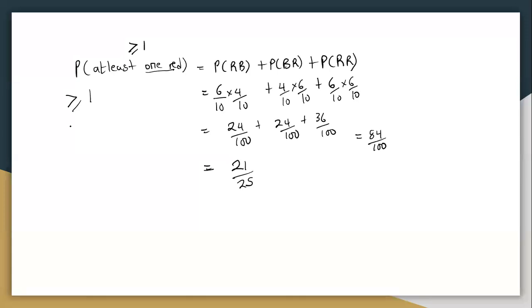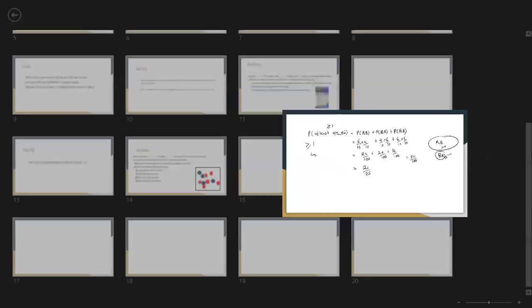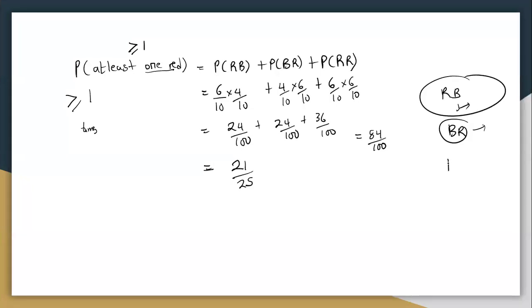Remember here when you are picking 2 times, when you pick a red and a blue, do you have a red pen with you here? Yes. When you pick a blue and red, do you have a red pen with you here? Yes. When you have a red and a red, do you have a red pen with you here? Yes. So at least means it can be either 1 or more than that. That is the meaning.